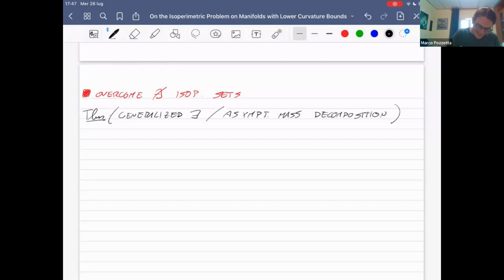And this is another theorem with some history. It is ultimately based on the concentration compactness principle of Lions in the 80s. And the first people trying to realize the following theorem were Ritoré and Rosales in 2004.